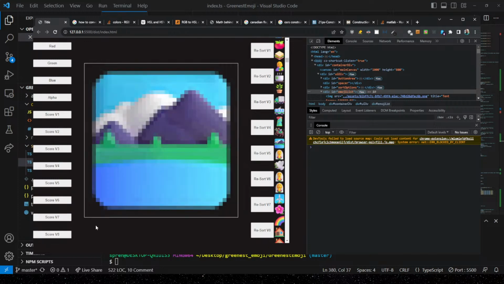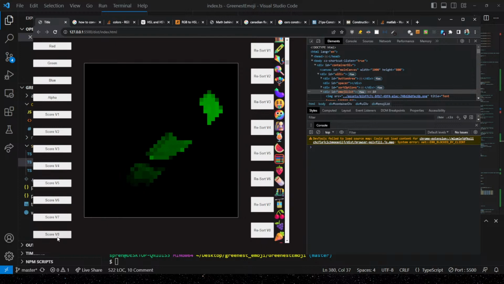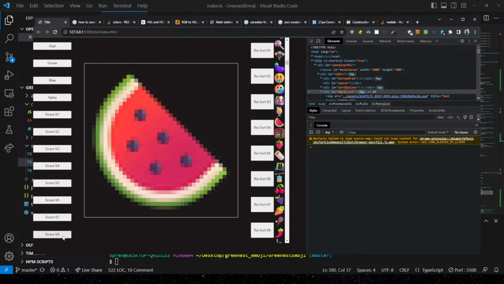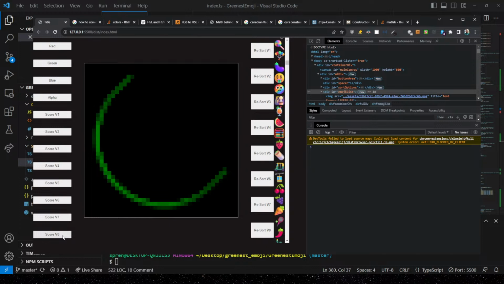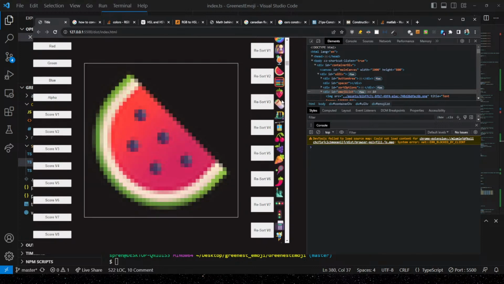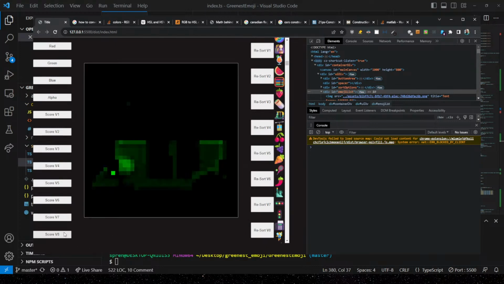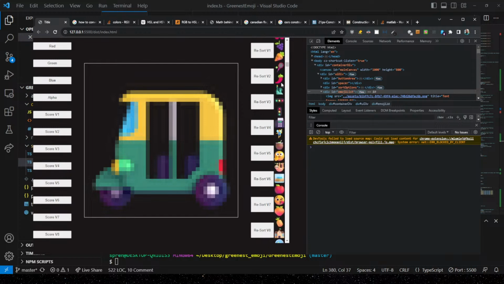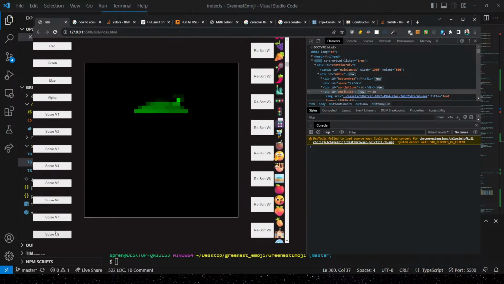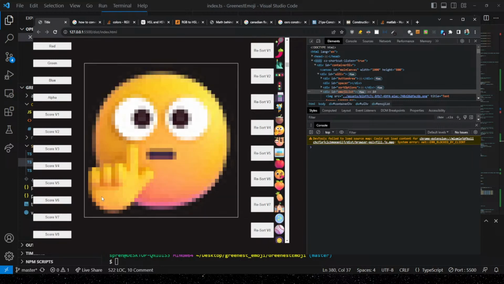This is actually really good. I think this is the best so far. Look, there's the green. So cool. That's a little bit of green. Now, why is this guy green?